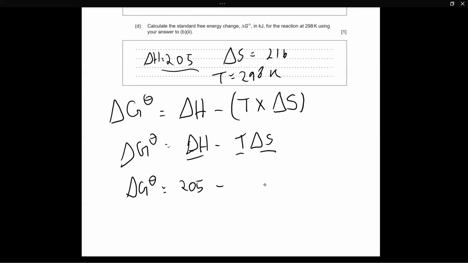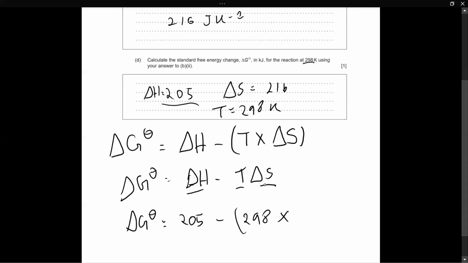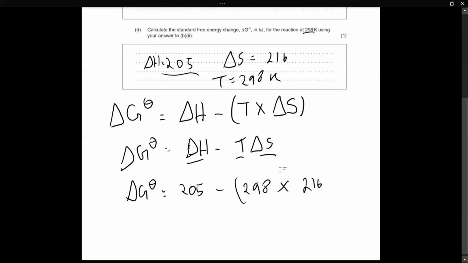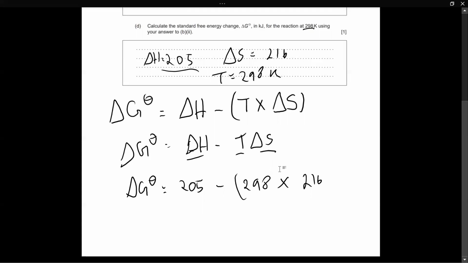So delta H minus the temperature, which they've told us is 298 Kelvin. Please remember, temperature should always be in Kelvin for this equation, times the change in entropy, which is 216. Now, at this step, you may think that we just do this and plug it into our calculator and we get our answer, but not so soon.